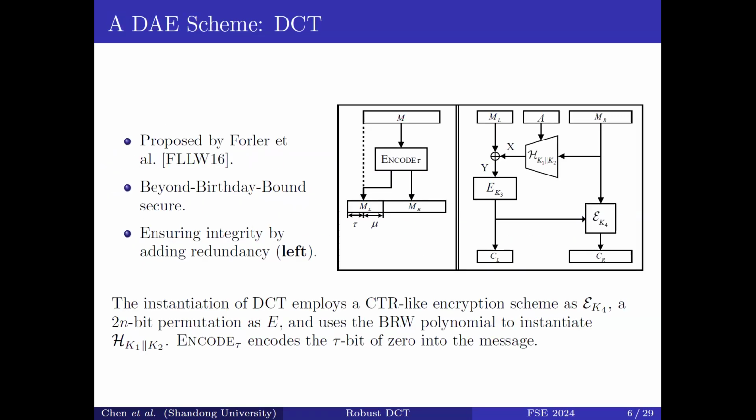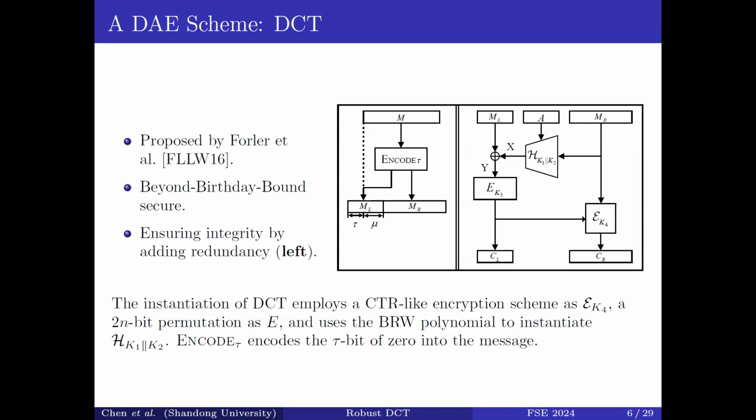DCT was proposed by Follow et al. in ACISP 2017. It's a beyond birthday bound DAE scheme, ensuring integrity by adding redundancy, which can be shown by the left figure, the encoder operation.